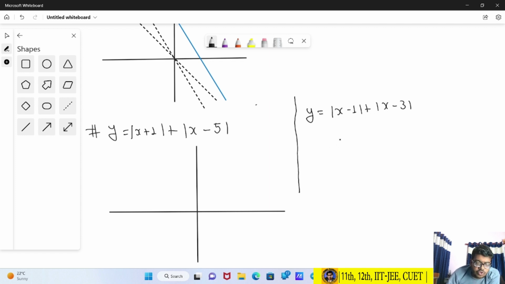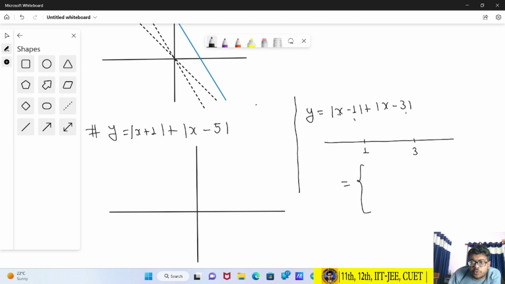Suppose this is a number line, and we have two turning points here, 1 and 3. Now we define the function. Suppose we take a value on the left side of 1, suppose 0.